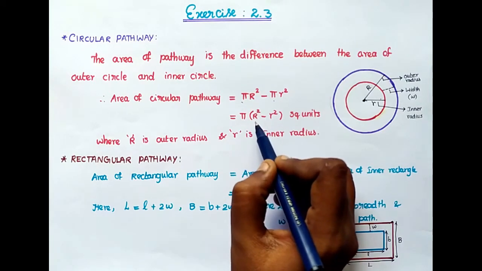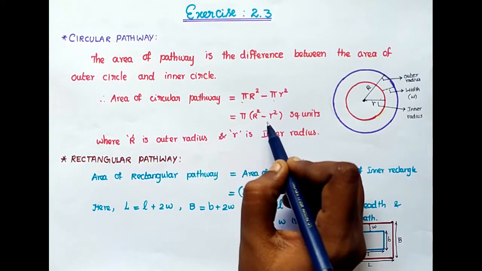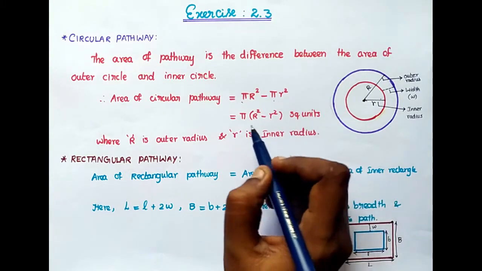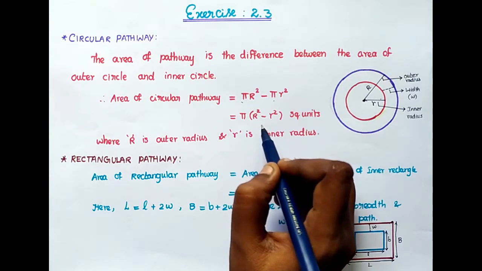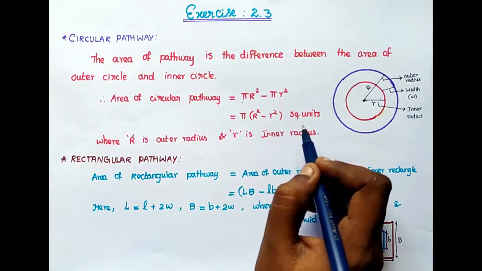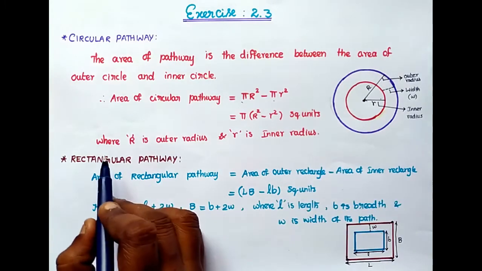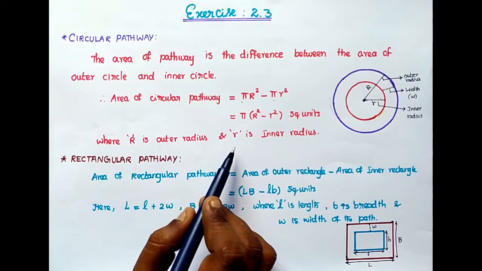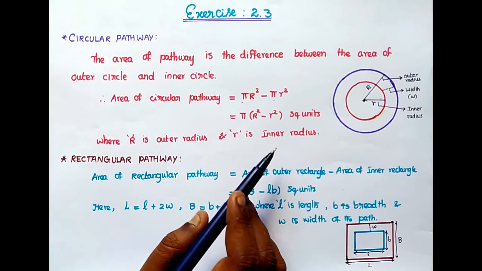Inside the bracket, capital R square minus small r square, square units. That is the formula, pi into capital R square minus small r square, square units. Here capital R is the outer radius and small r is the inner radius.